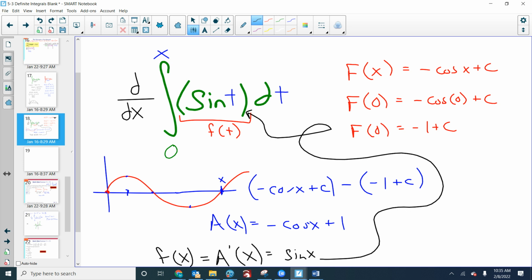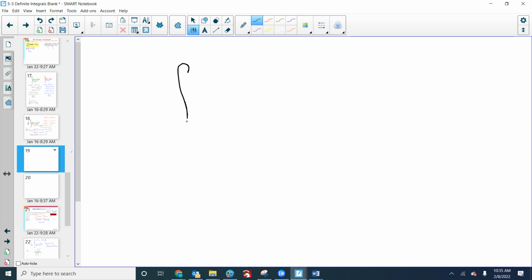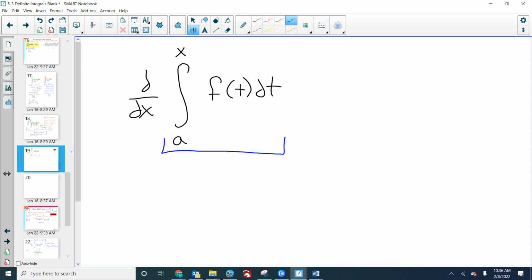Let's do it more symbolically now. I've shown you this before. I'm going to show you again. What's this part right here? Capital F of x minus capital F of a.